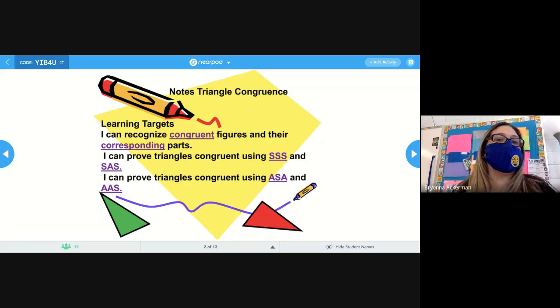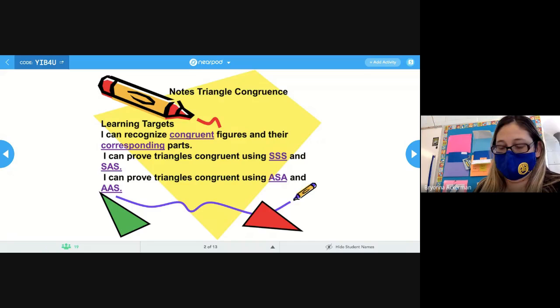Okay, so today we're going to do a Nearpod, and remember yesterday we started learning about corresponding parts of congruent triangles are congruent, that long word, but then we abbreviated it CPCTC for triangles, and it had an F for figures, so we did CPCFC for figures.